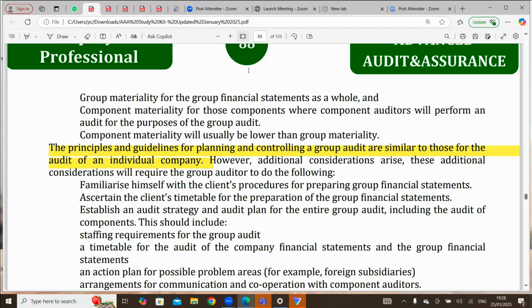Okay, so to move on, we said that component materiality will usually be lower than group materiality. When you start to get into it, you see that there is one part of your AAA where they talk about materiality and they talk about different thresholds. And they'll tell you that if an asset contributes 1 or 2% of the total value of your assets, then it is material enough.